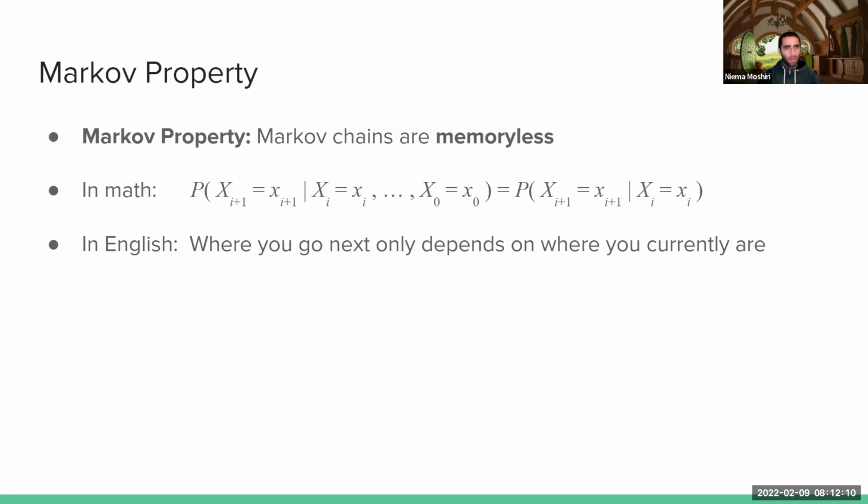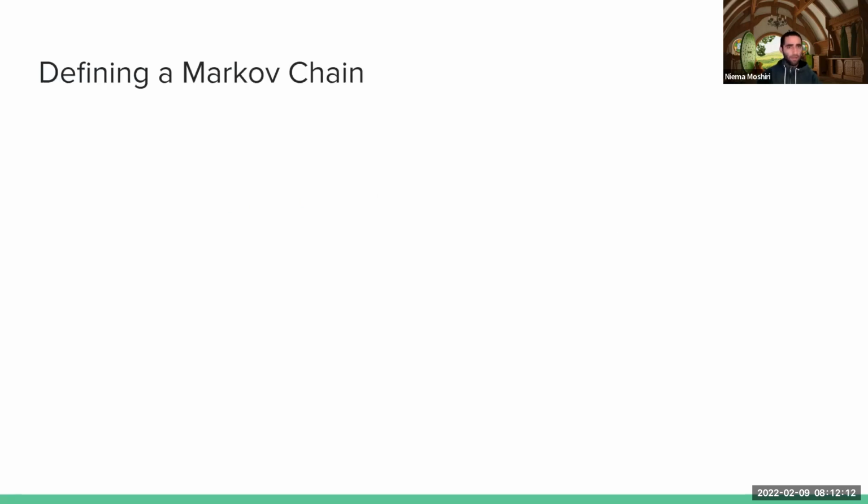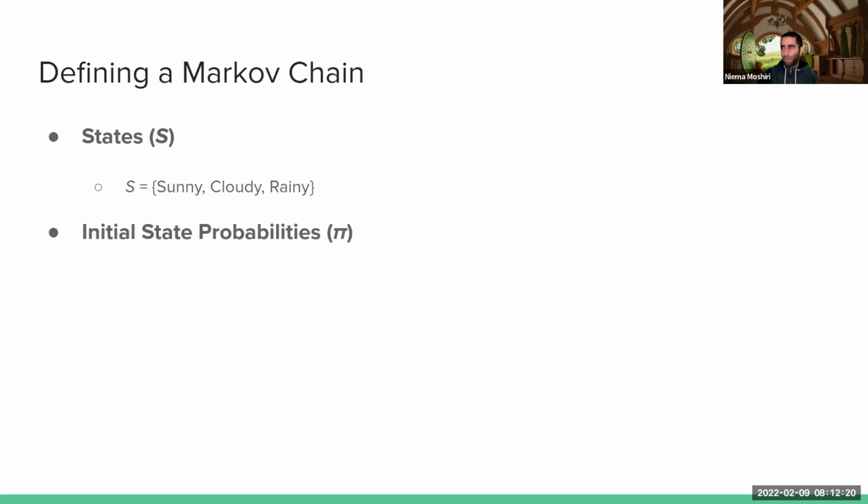Okay. So how do we define a Markov chain? Well, first, I have to figure out what the states are. In my simple weather example, the states were sunny, cloudy, and rainy. Then I have to define the initial state probabilities. At the beginning of whatever process I'm trying to model, what is the probability that I start in any of those given states?